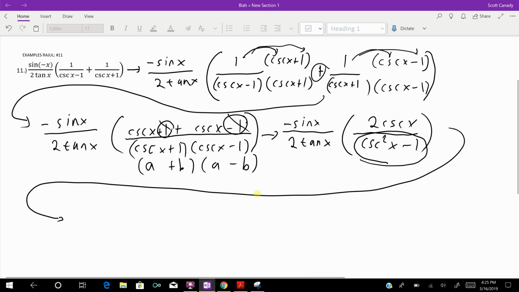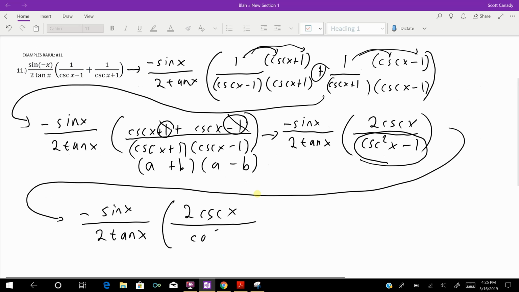So we're going to get negative sine of x over 2 tangent of x times 2 cosecant of x over cotangent squared x. Let's go ahead and cross out those 2's real quick just to make our life a little bit easier. And now we've got something where we could change this whole thing into sines and cosines, but there's a better way to do this.